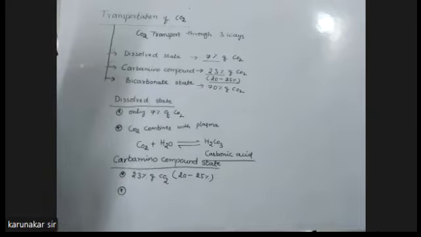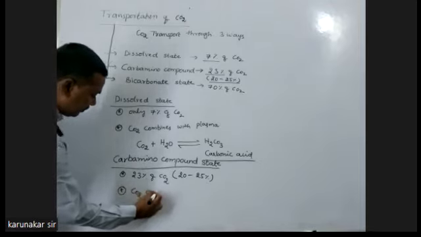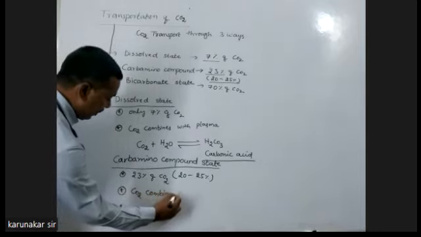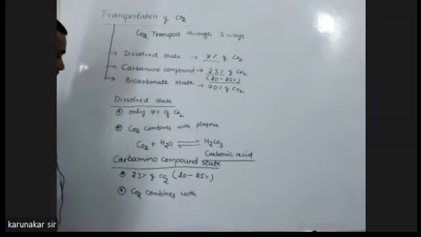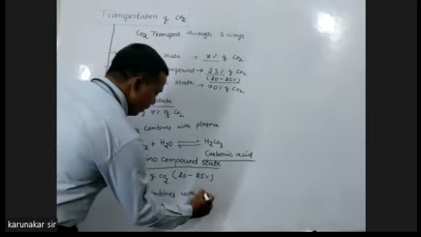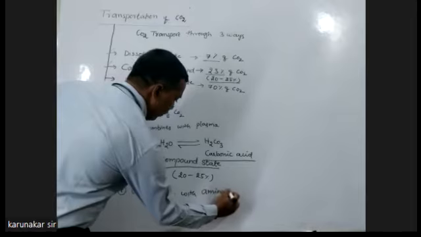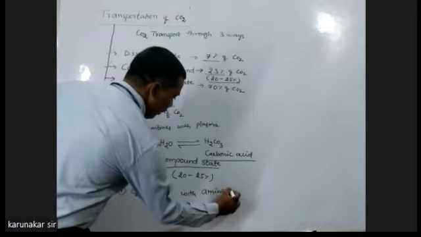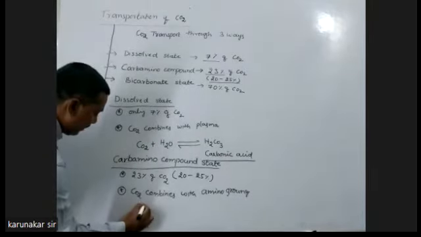In this method, CO2 combines with hemoglobin's amino group, that is called HbNH2.